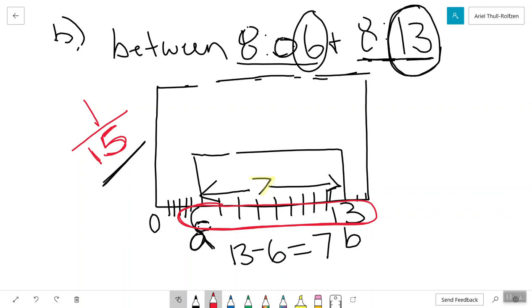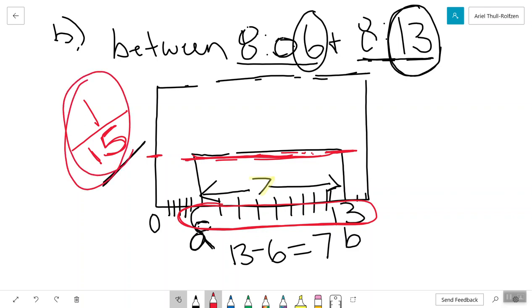So in the problem, it says that the train arrives late with the same probability anywhere in the interval between 8:05 and 8:20 a.m. So it's saying that the height, the 1/15th, is representing the same probability throughout. I know it's a little bit confusing. Just know that the height is not going to change throughout the problem.